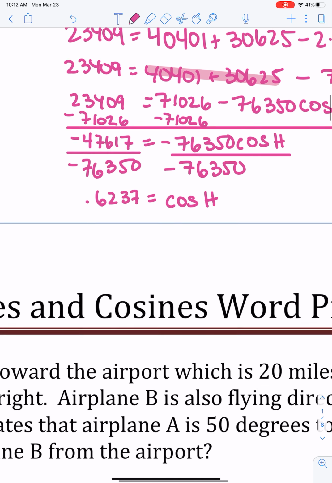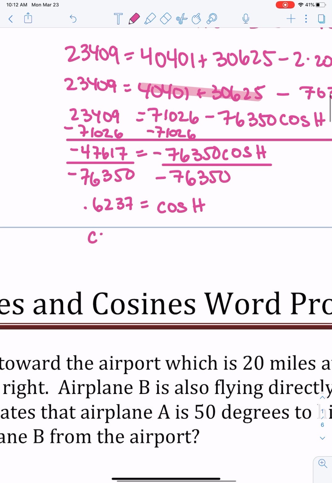Okay, so I don't have the angle, but I do have the ratio. So I can use that blue button in my calculator. I can say cosine inverse of this, and that will give me the angle for Harry. So Harry's angle equals 51.4156.